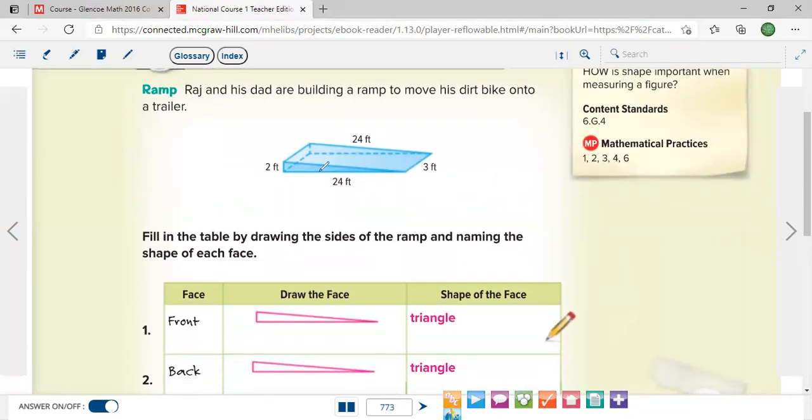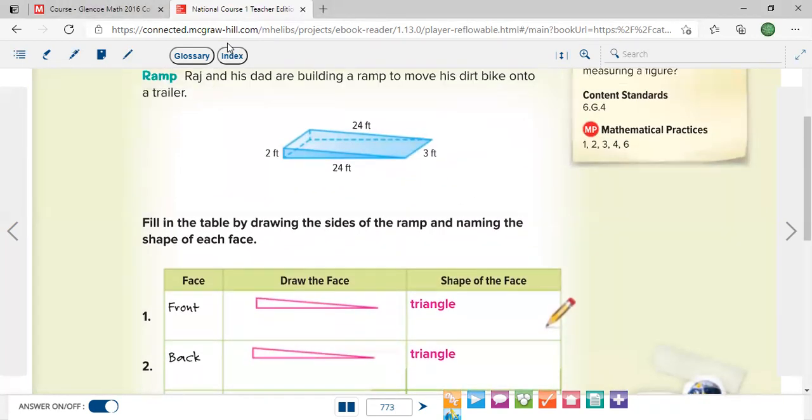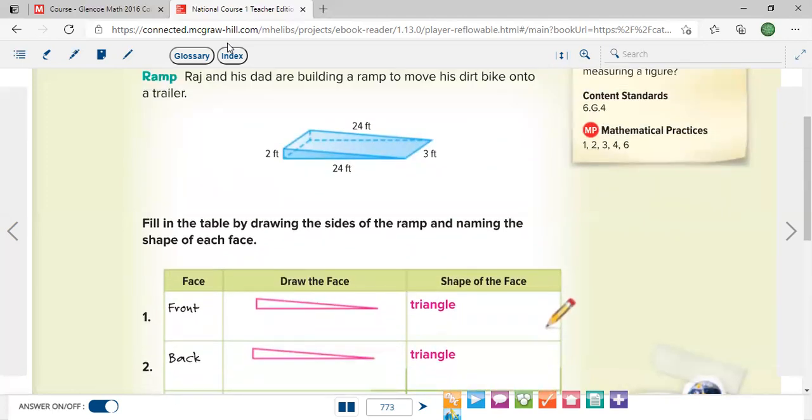Here, as you can see, the front and the back are shaped like triangles, which I call the two bases. The top and the bottom are shaped like rectangles, and the side face as well is another rectangle.